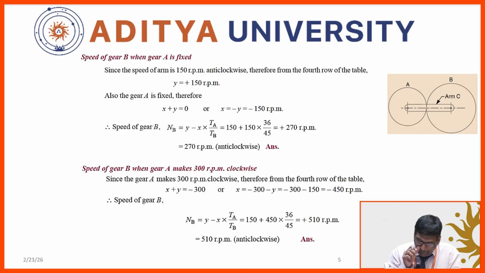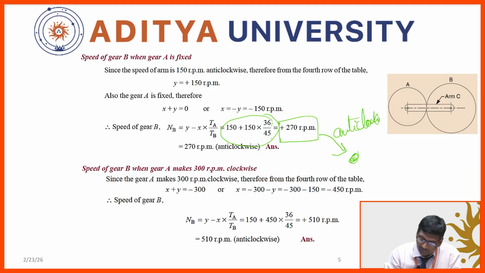Now after finding, you can have the equation. When the minus and minus are cancelled, 150 plus 150 into 36 by 45. So finally we got plus 270 RPM. Plus means it is anti-clockwise, we are taking. So B will rotate in the anti-clockwise direction.